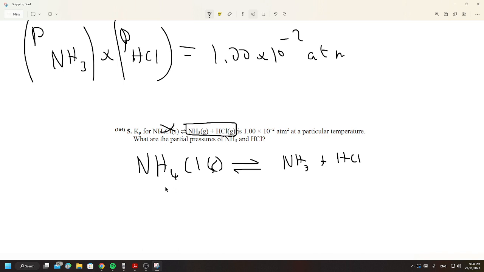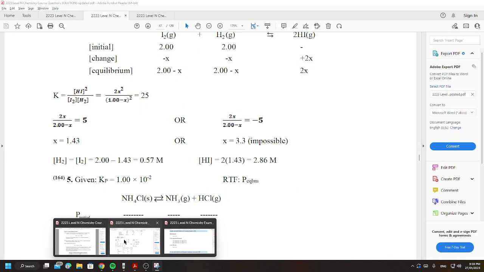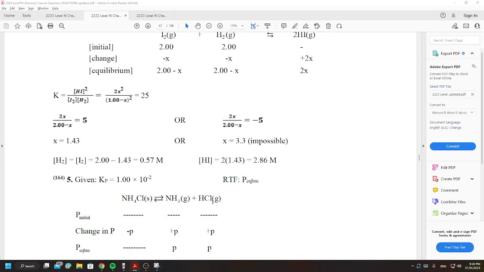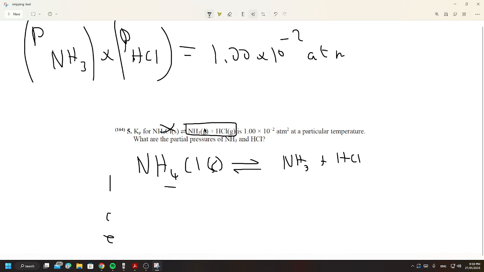We don't consider it, so initially it's nothing. And then these two, initially they were also nothing, because we weren't given any information about the partial pressure of these before the reaction has occurred, so nothing.